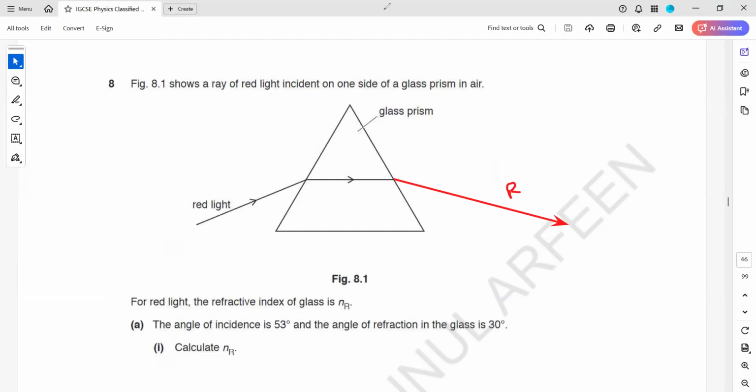So then we have violet. Violet bends more than red, so this will be violet. We label that as V, because violet bends the most and red bends the least. Any color other than red will bend more than red. Red is the least. It's the top line.